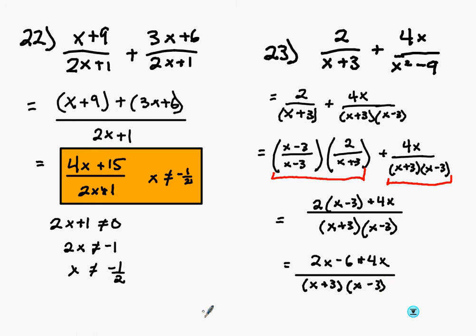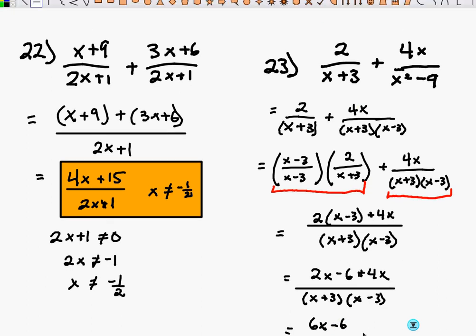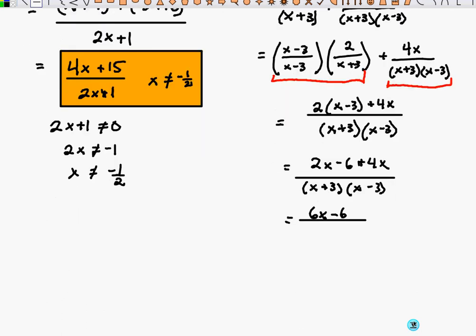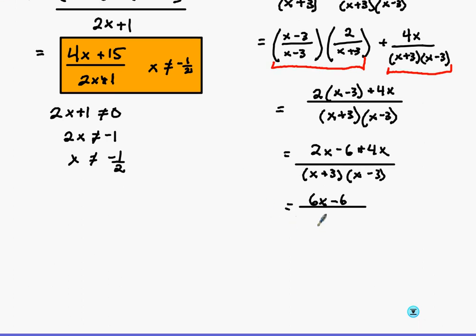And then we simply combine our like terms in the numerator. So we wind up with 6x minus 6 over x plus 3 times x minus 3.